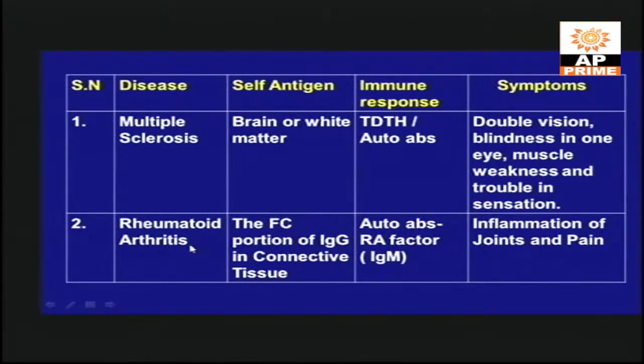And rheumatoid arthritis, where autoantibodies called RA factor are produced against the Fc portion of immunoglobulin G in connective tissue, which leads to inflammation of joints and pain. Actually, these are systemic autoimmune disorders where the entire body will be affected.